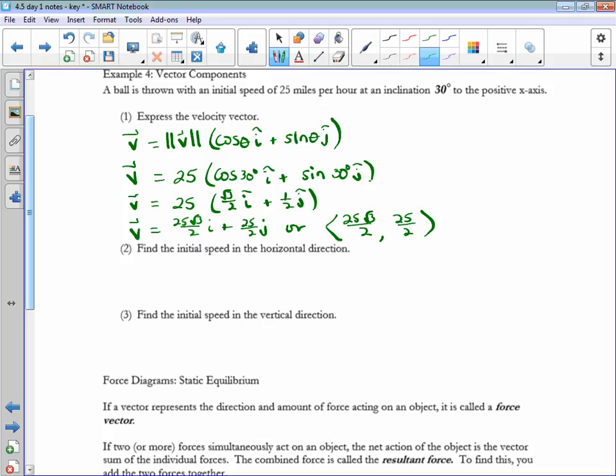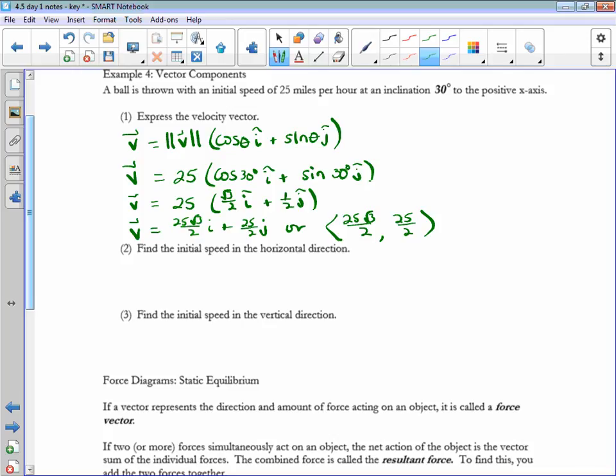Okay, then it's asking us to find the initial speed in the horizontal direction. Do you guys understand that if we have a ball thrown at a 30-degree incline, there's a horizontal piece to that speed and a vertical piece to that speed getting you to that angle? Does that make sense? Okay. Which of these represents the horizontal part? The first one, right?